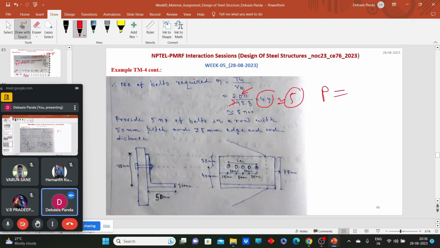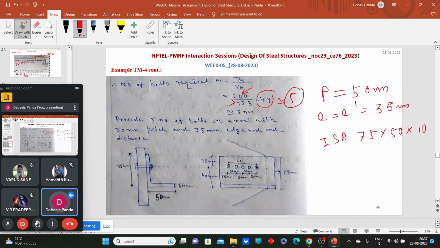So now we have 5 bolts. We have considered pitch equal to 50 mm, edge and end distance equal to 35 mm now, and we have ISA 75 into 50 into 10. So we have made the design. So make the arrangement.